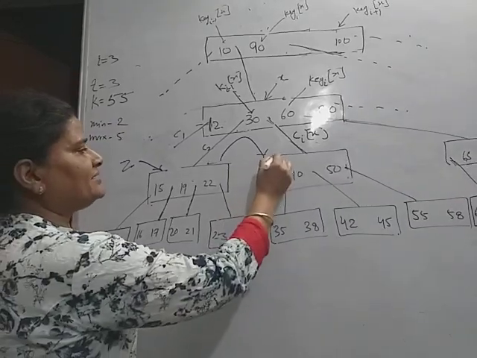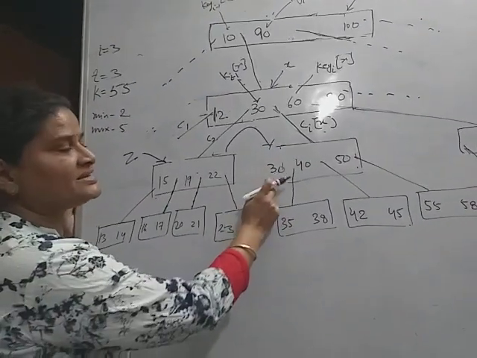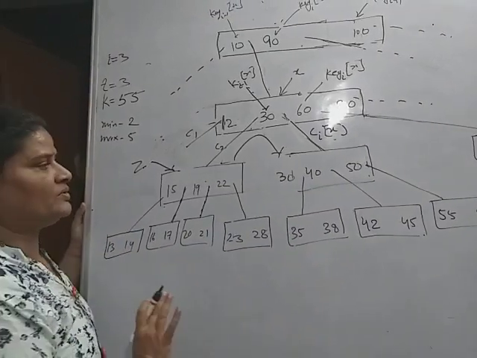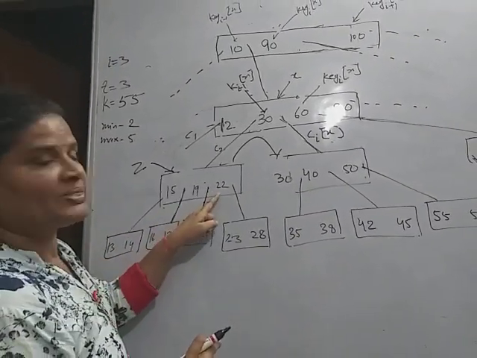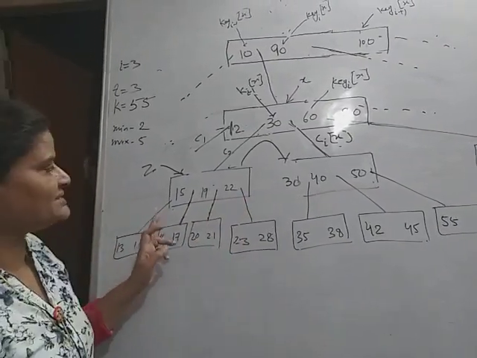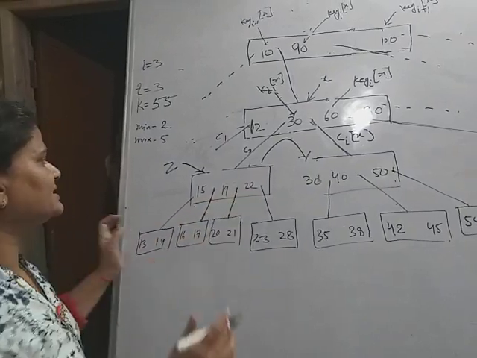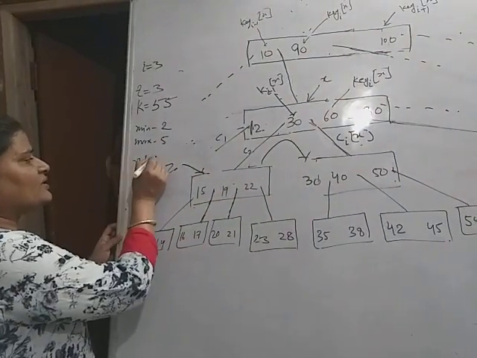The reason is that I want to make this node have one key more. Next, whatever the number of keys in Z, n[z] gives the number of keys.